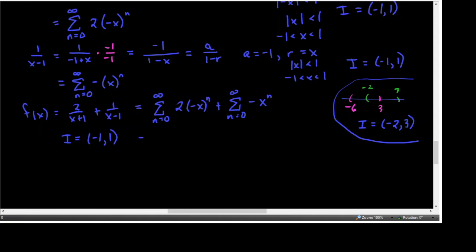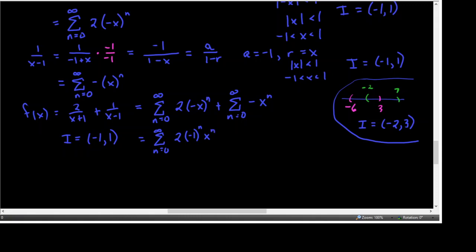And let's do a little simplification, if you don't mind. This would be the same thing as two, and then that -x to the nth is a product raised to a power, so I can take each factor and individually raise it to the nth power.